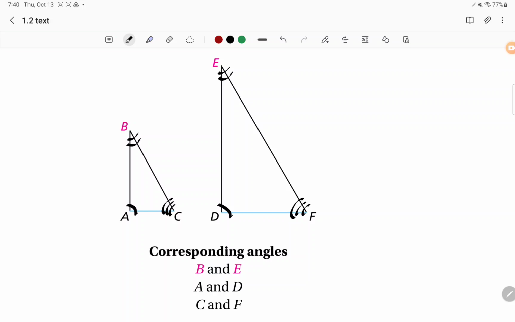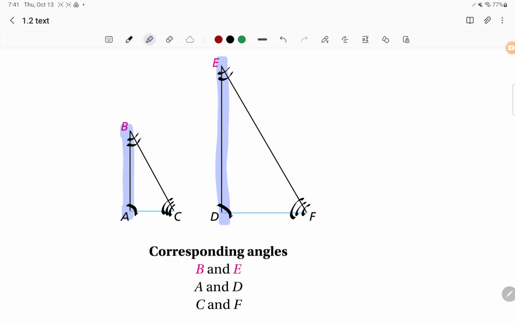Now, the same is not true for corresponding sides, meaning corresponding sides are going to be different in length. However, if you look at BA and ED, those are corresponding sides, meaning that is the same side, only it's proportionally larger than BA.